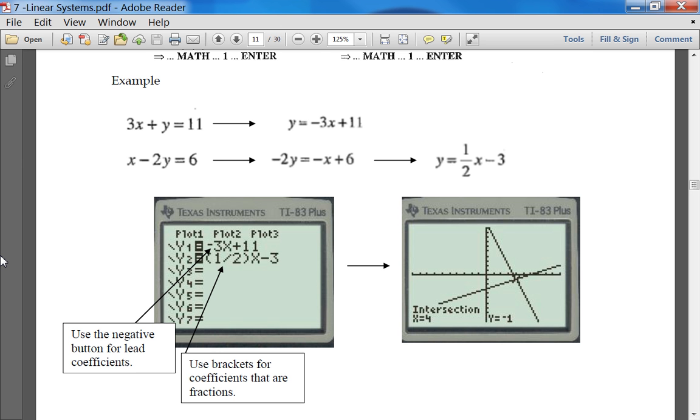And for the second one, you can see the x has been moved over. So positive x on the left is negative x on the right. And then you're dividing by a negative 2. When you divide by a negative 2, the negatives cancel for the 1/2 x, and then the positive 6 becomes a negative 3. So then you would have to put those two things into your calculator.